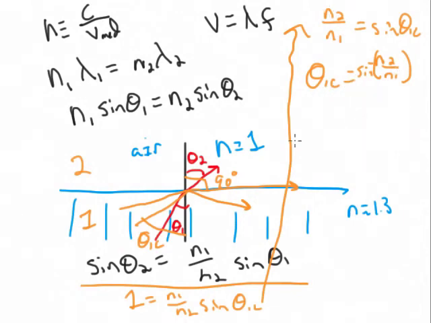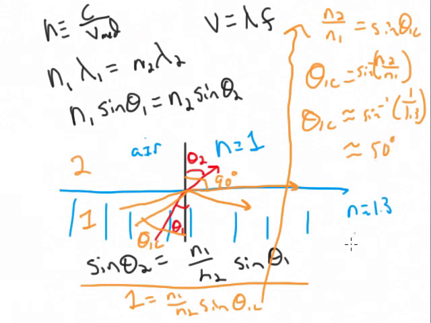So yes, it is an angle, and theta 1 critical will be approximately sine inverse of 1 over 1.3, and that should be a number around 50 degrees. All right.